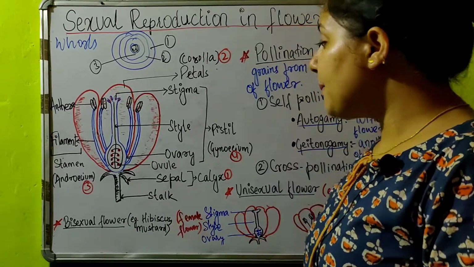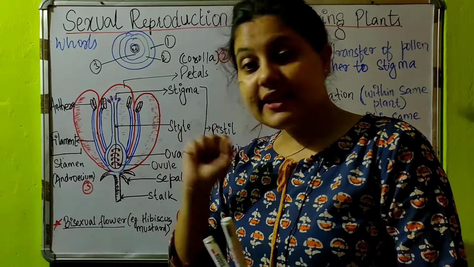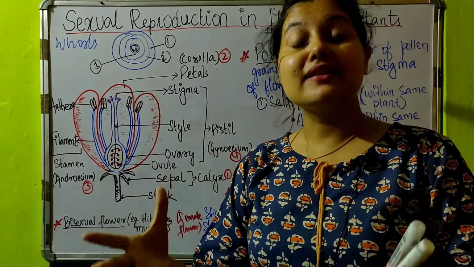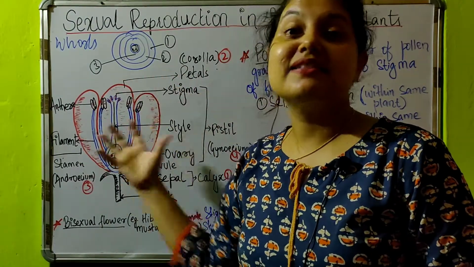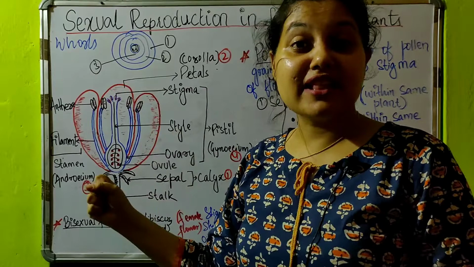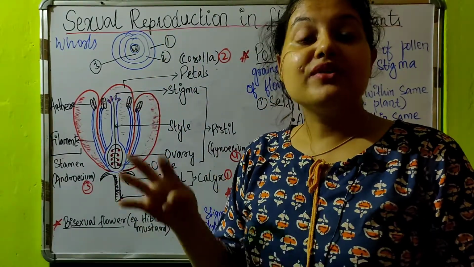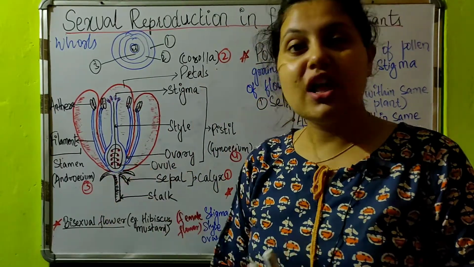Now coming to two different types of flower. One is the bisexual flower and another is the unisexual flower. What are bisexual and unisexual flowers? This is a picture of a bisexual flower. How can you say that? Because there are all 4 whorls. The flower which contains all the 4 whorls is known as a bisexual flower.